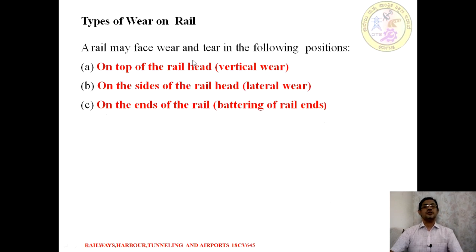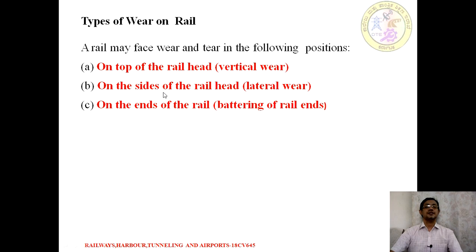Moving on to the next type, that is wear, a type of defect in a rail. These are classified into three types depending upon the position where the wear and tear occurs on the rail surface. If the wear is on the top of the rail head, it is called vertical wear.